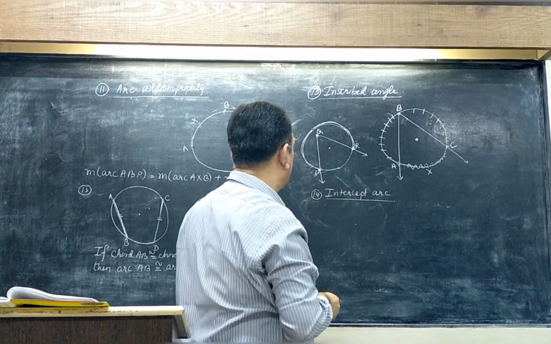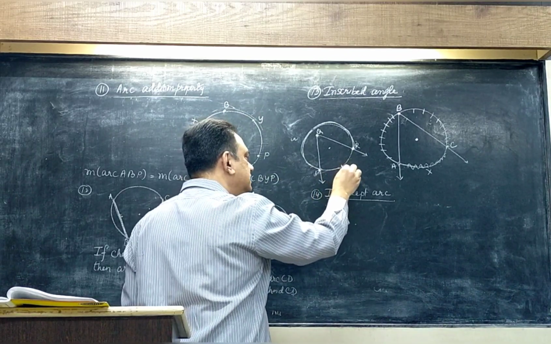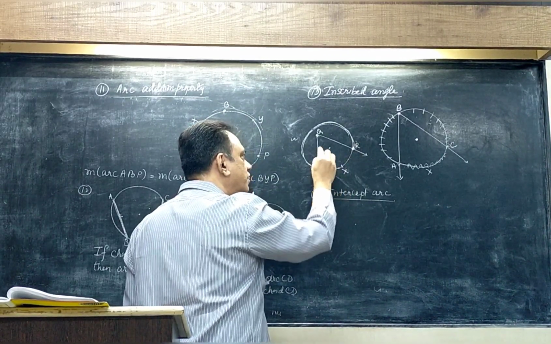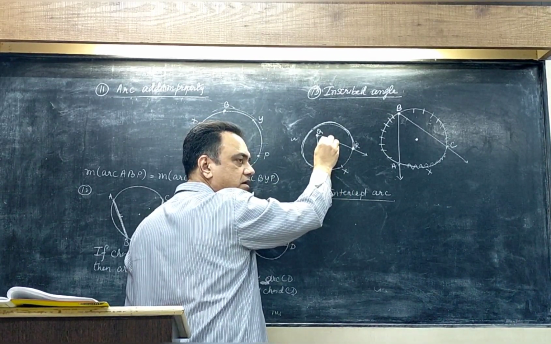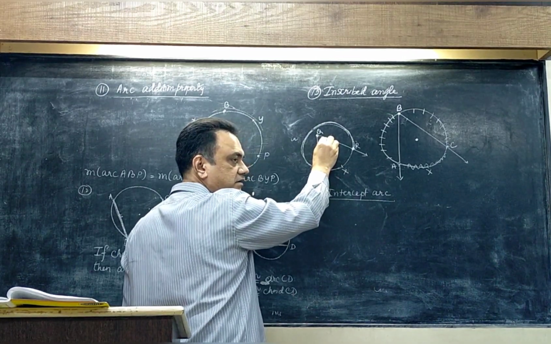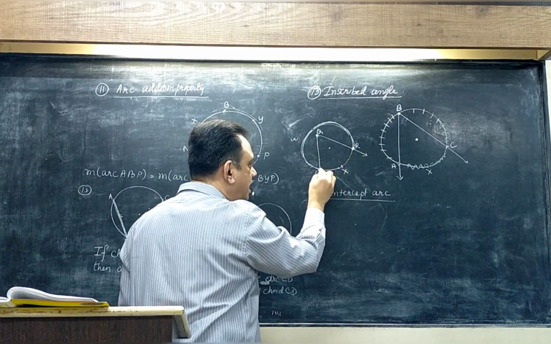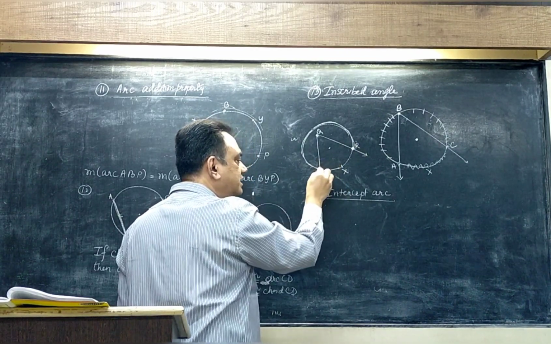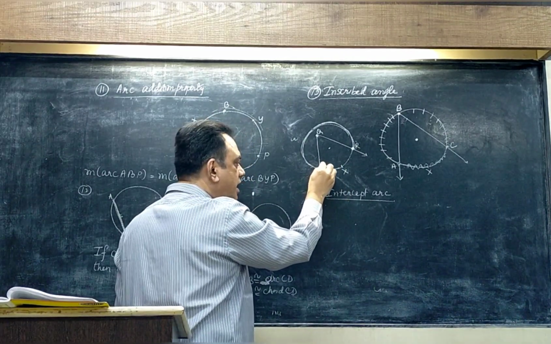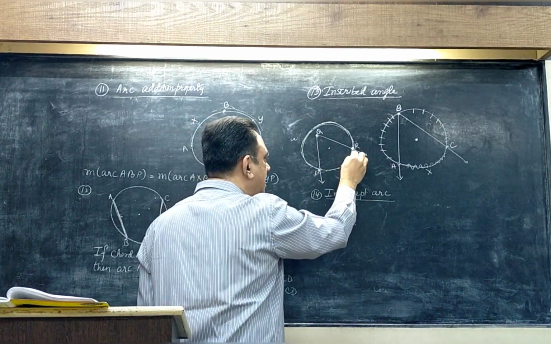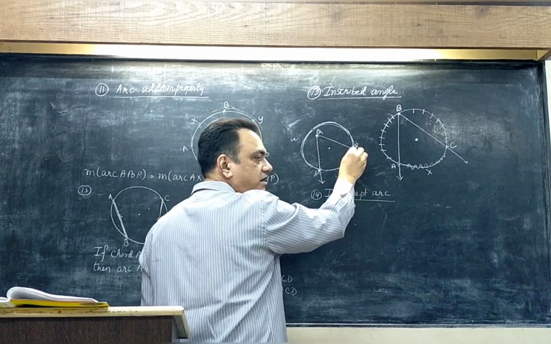Let's look at this figure. Is this the intercepted arc for angle PQR? The answer is yes. Why? Because the endpoints of the arc lie on the sides of the angle, and all other points lie in the interior of the angle.